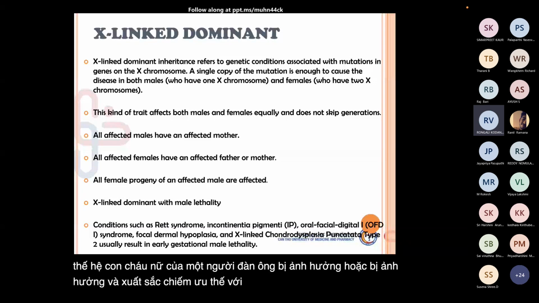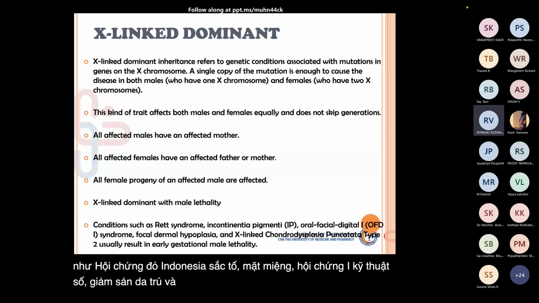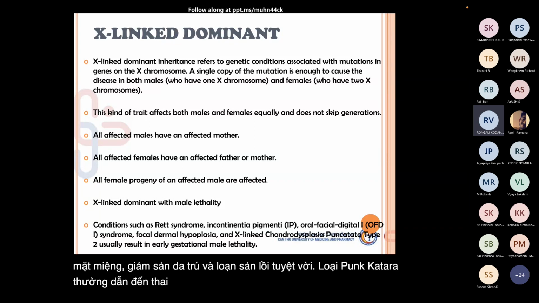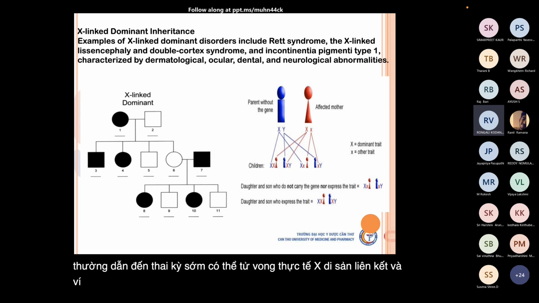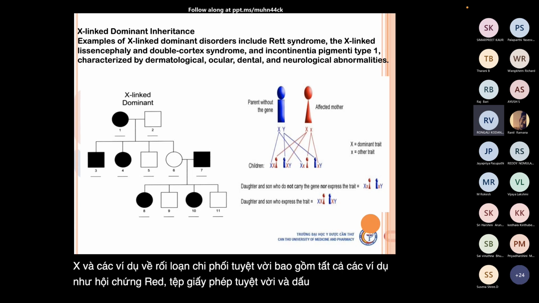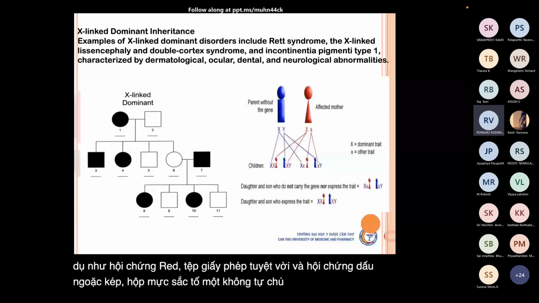Conditions such as Rett syndrome, incontinentia pigmenti, oral-facial-digital syndrome, focal dermal hypoplasia, and X-linked chondrodysplasia punctata usually result in early gestational male lethality. Examples of X-linked dominant disorders include Rett syndrome, X-linked lissencephaly and double cortex syndrome, and incontinentia pigmenti type 1, characterized by dermatological, ocular, dental, and neurological abnormalities.